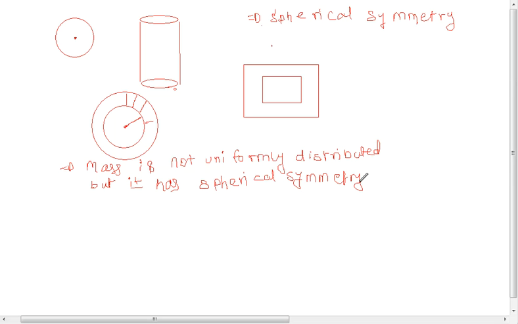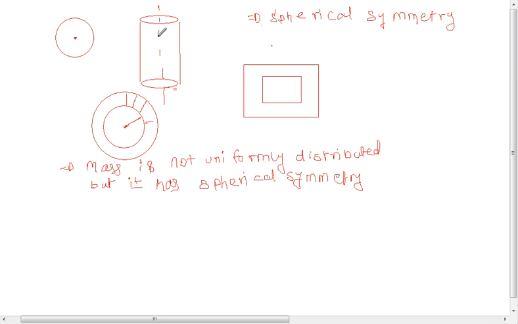If any system has cylindrical symmetry, its center of mass will lie along the axis of this cylinder.